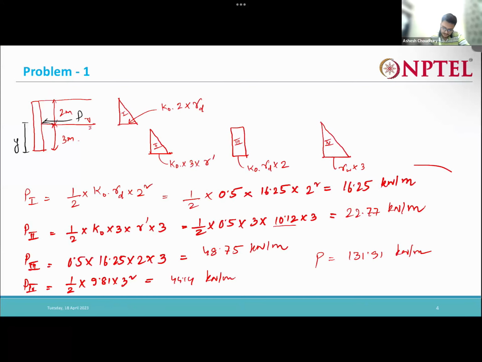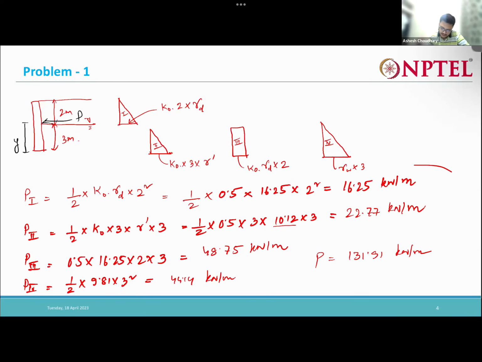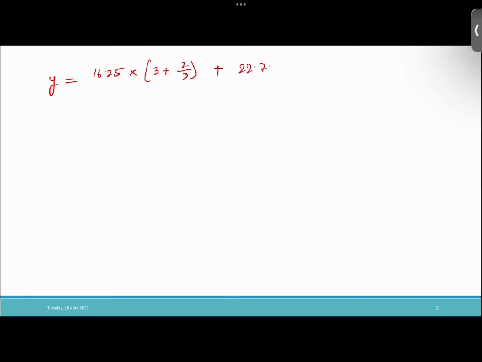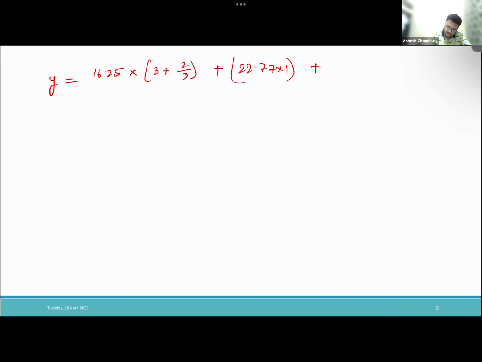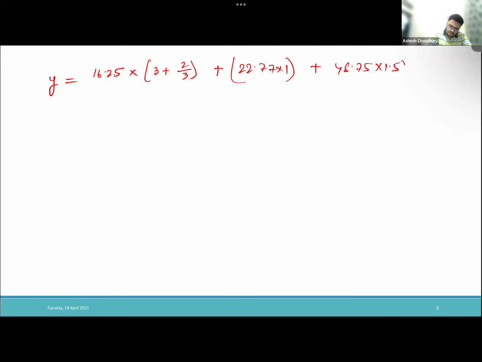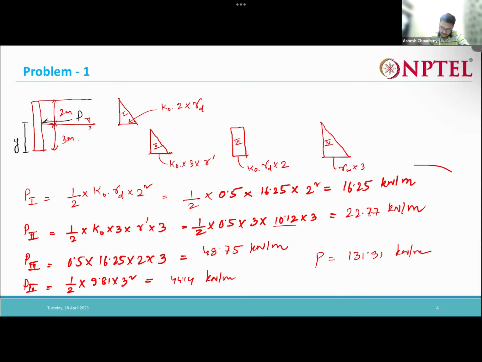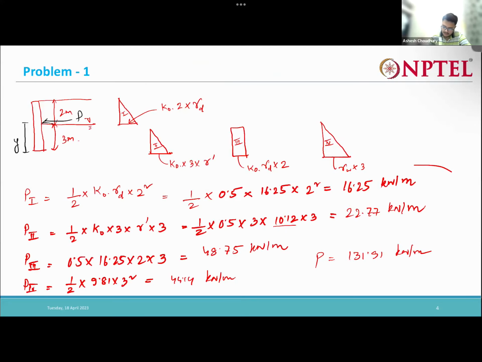Y will be 16.25 into 3 plus 2 by 3, then next one, 22.77 into 1, plus 48.75 into 1.5, 48.75 into 0.5, plus 44.14 into again 1 by 3.